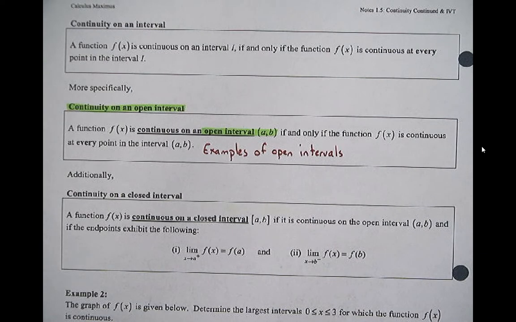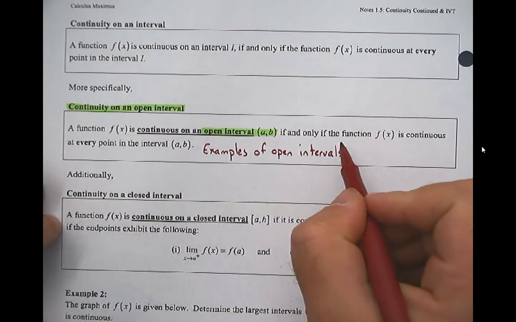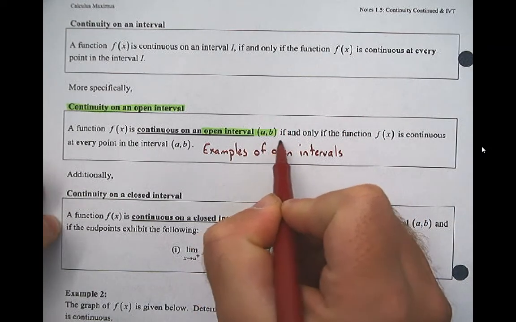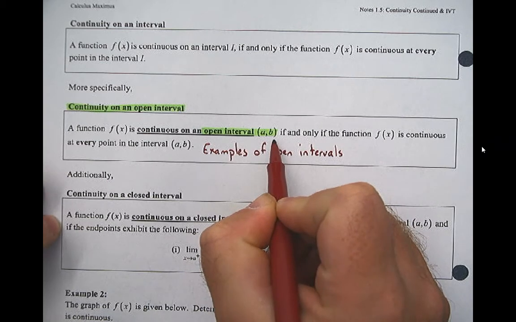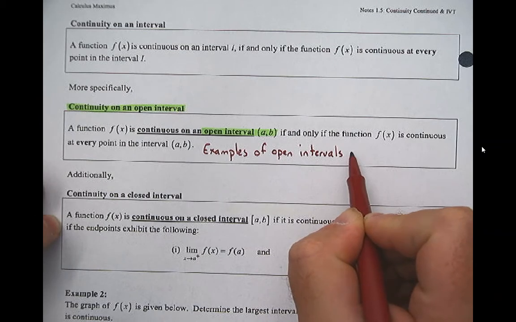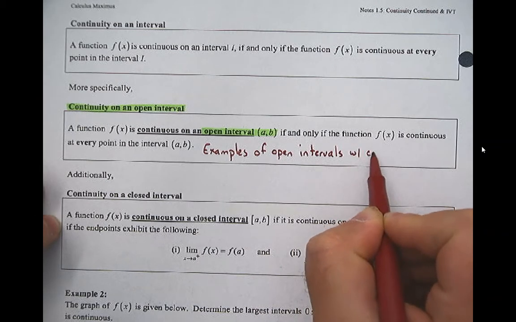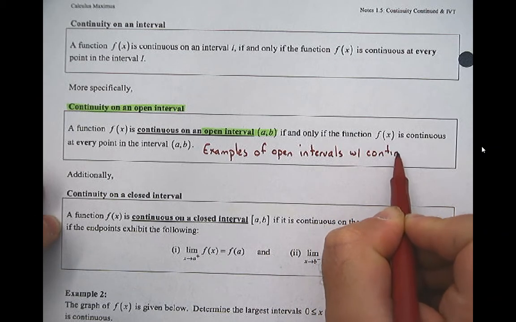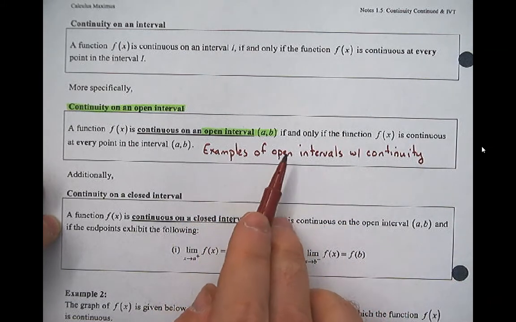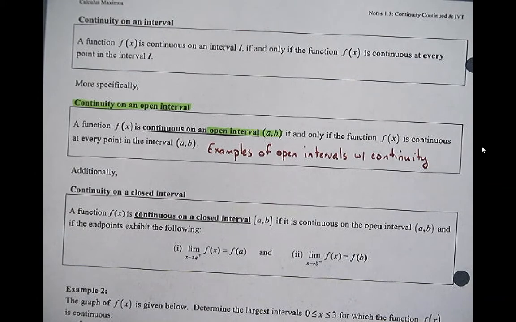I should have written continuous open intervals, examples of open intervals with continuity, I guess. I don't know how best to say that. I wish I would write examples of continuous open intervals, but anyway.